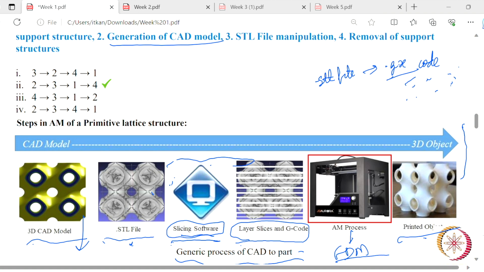So if we are doing metal printing, it is powder bed fusion, DED process or sheet lamination. But sheet lamination will be highly complicated to do. Okay, next. So this is the correct option.